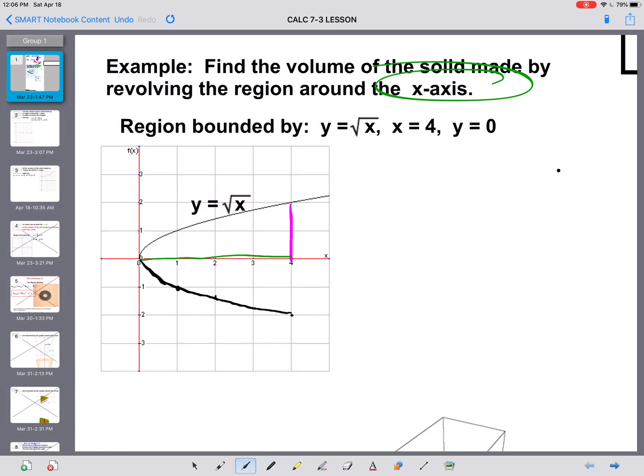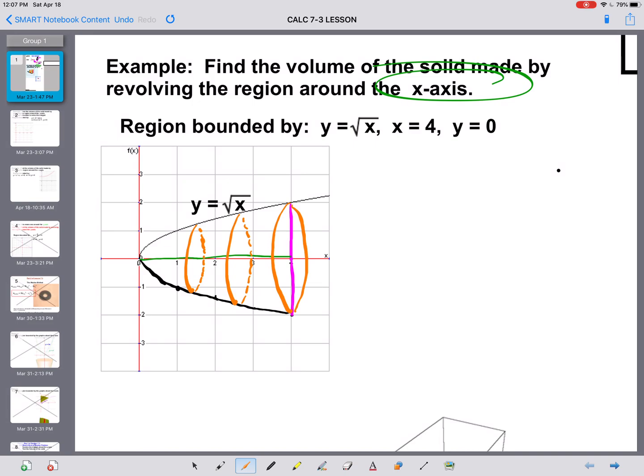Now, take a look at that one area. I'm going to revolve it around the x-axis. What I'm going to end up with here is a shape like that. Are you seeing it now? It's a round solid.